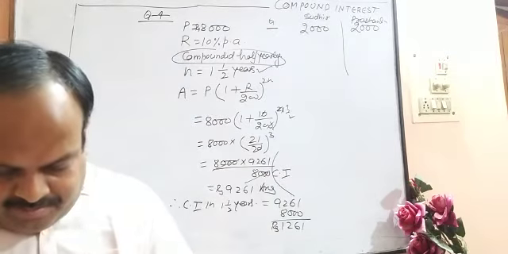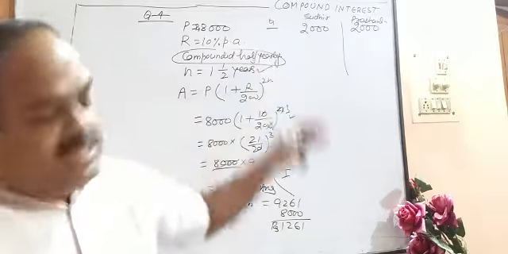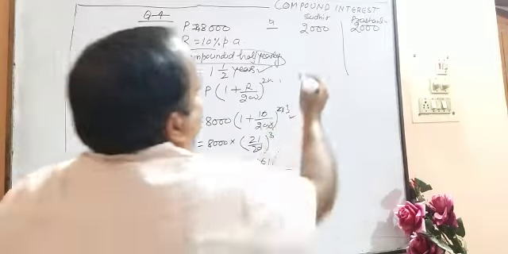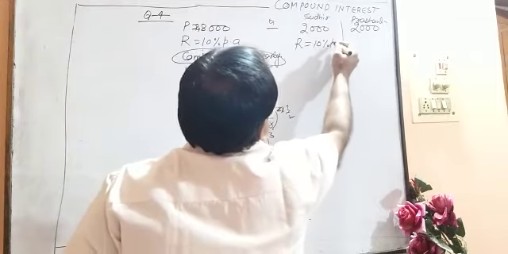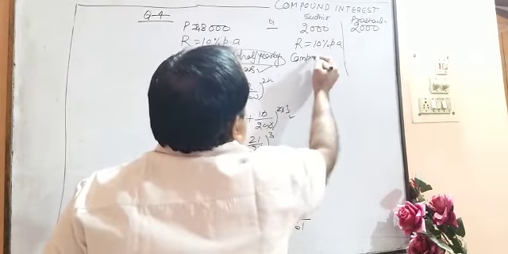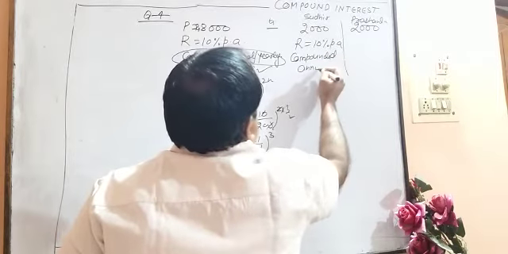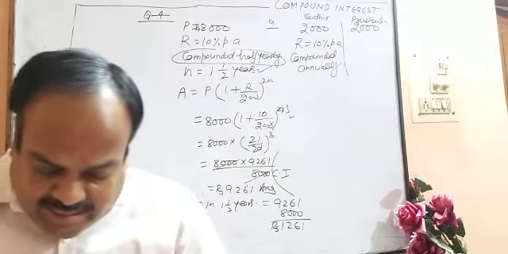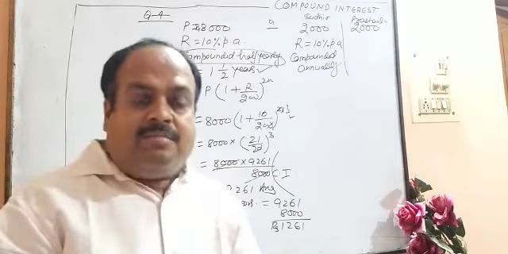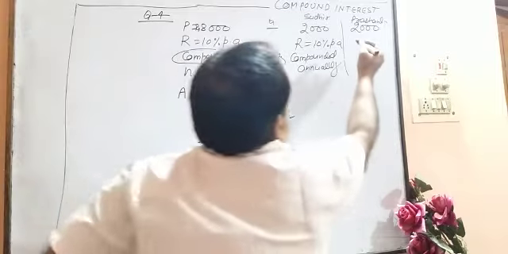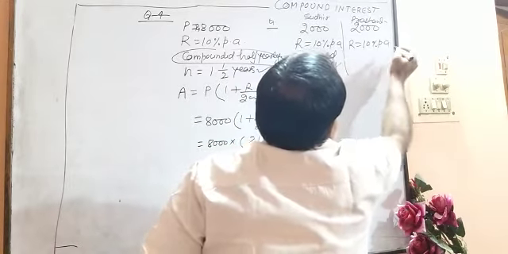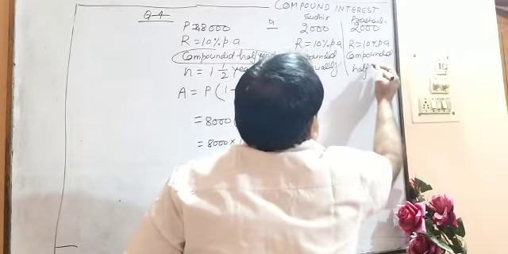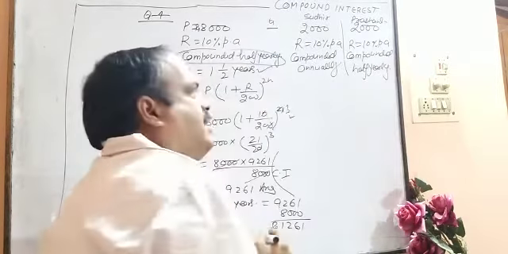But the rate for Sudhir is 10% per annum compounded annually, while for Prashant the rate of interest is the same, 10% per annum, but compounded semi-annually, that is, half-yearly.